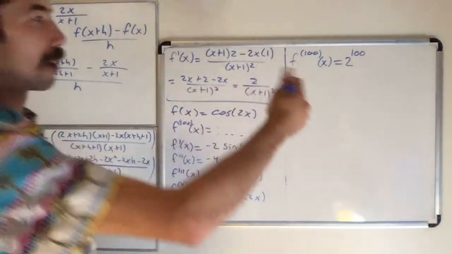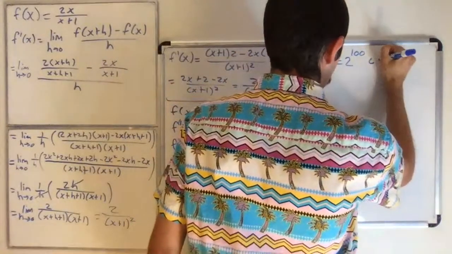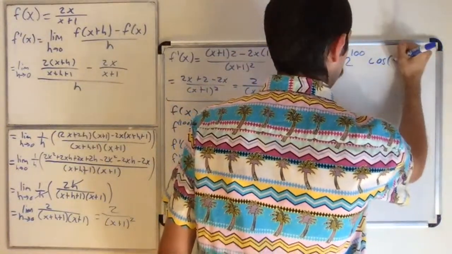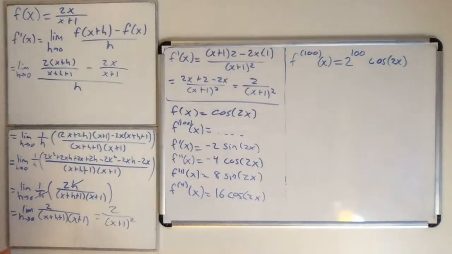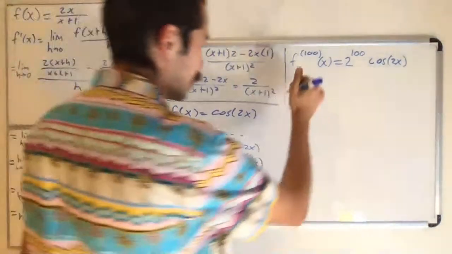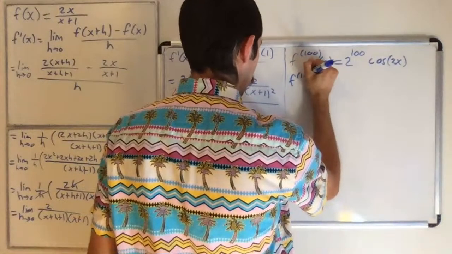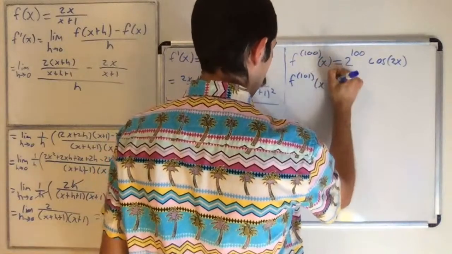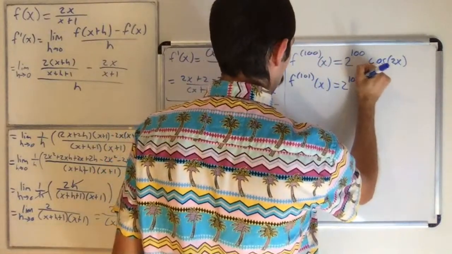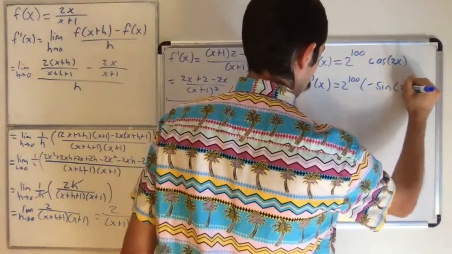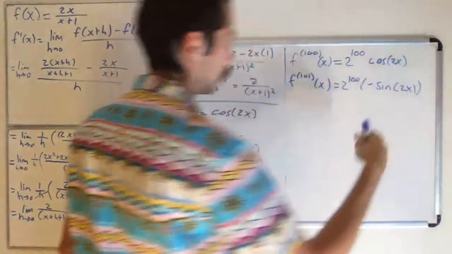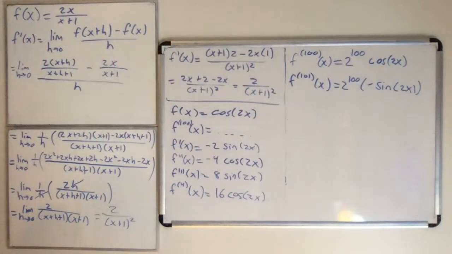So it's 2 to the 100th times cosine of 2x. To continue the pattern, the 101st derivative would be 2 to the 101 times negative sine of 2x.